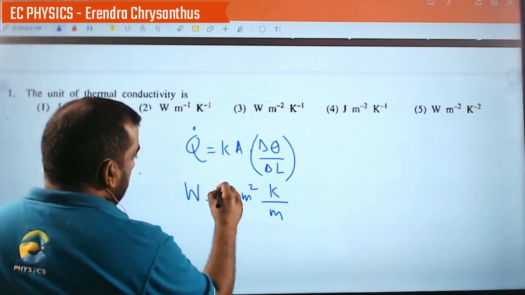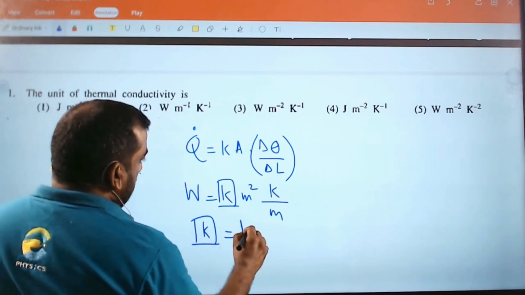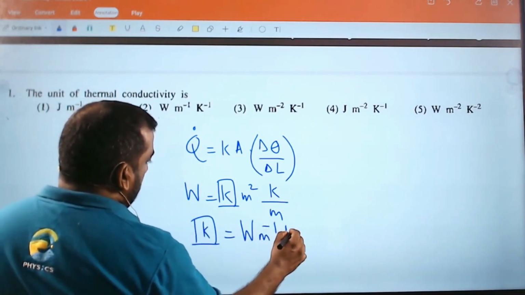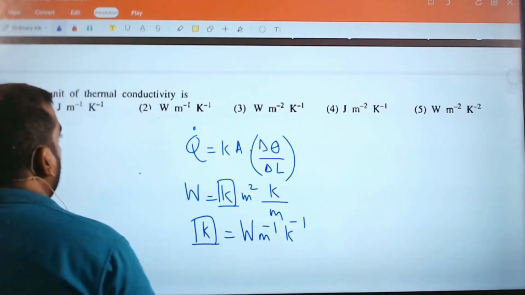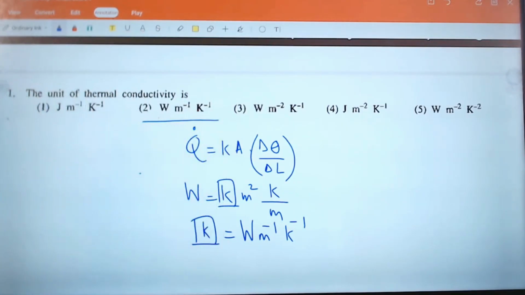So thermal conductivity is watt per meter per Kelvin. Answer is answer number 2.